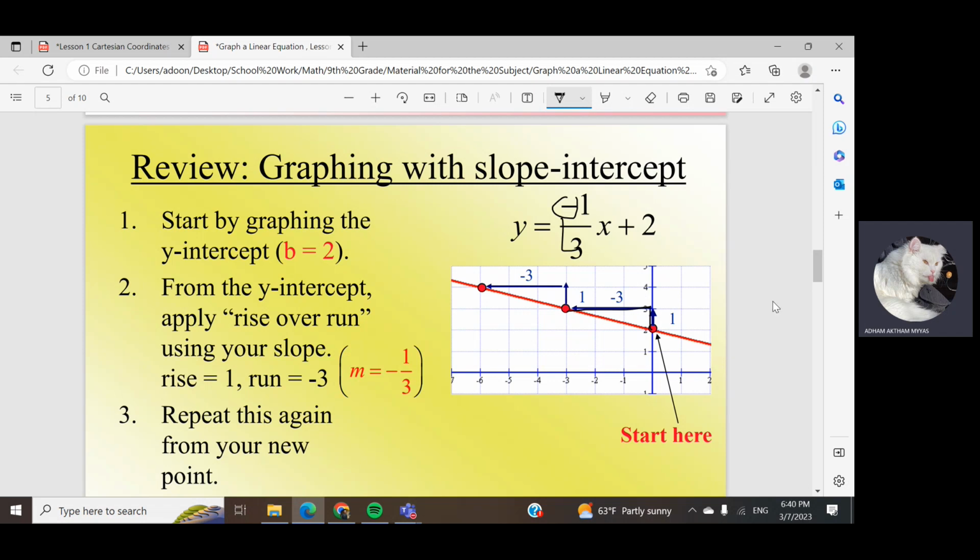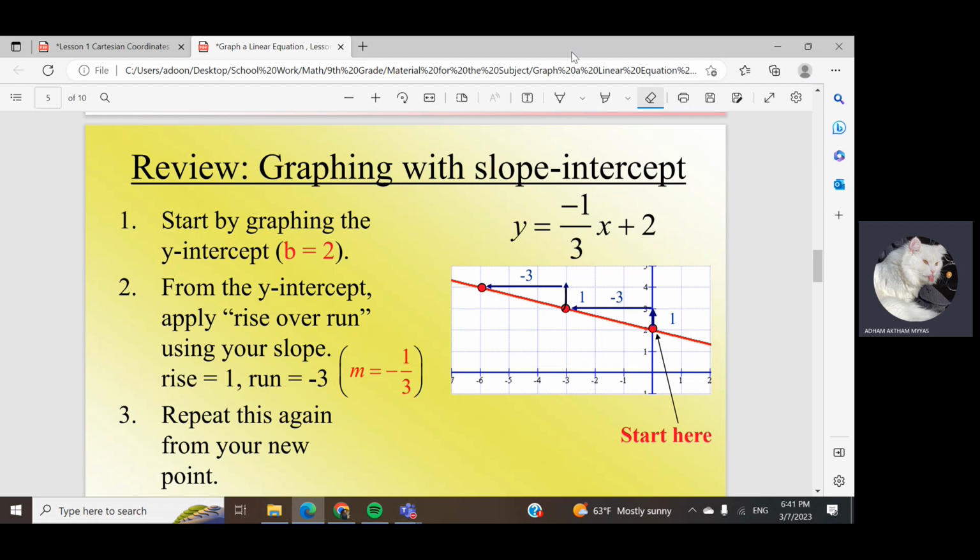If I use the same thing, I will use minus 1 to go down and 3 to go 3 points. So I will get this point and I can continue the line. If I want another point, I should start from this point now, go 1, 3, and so on, and make a line between them. This is the linear function.